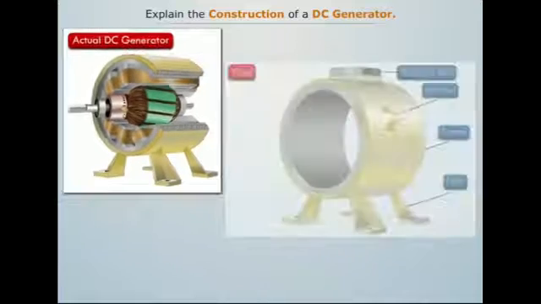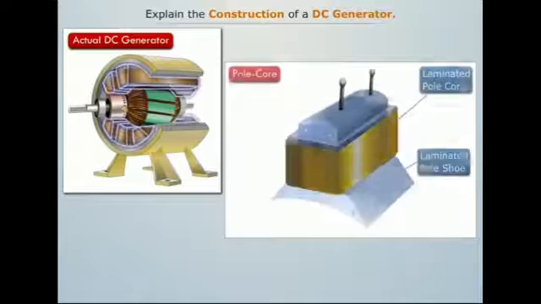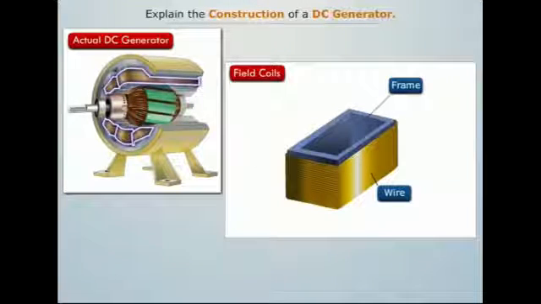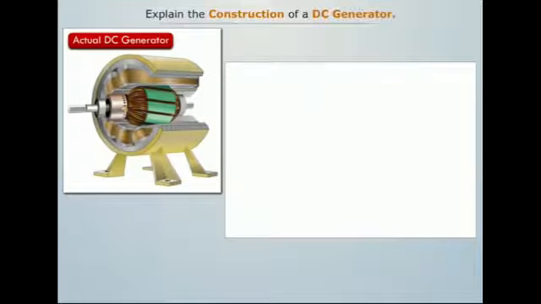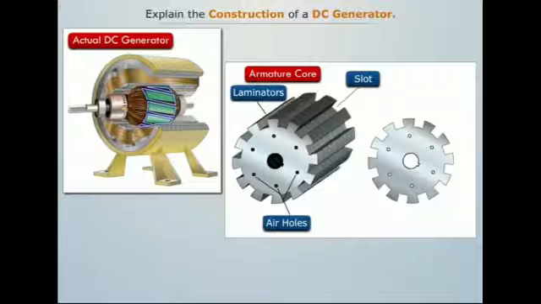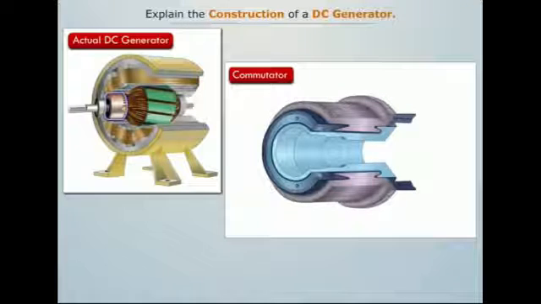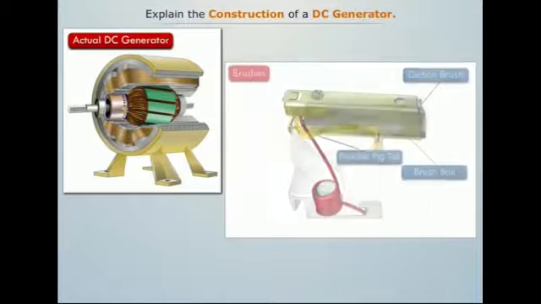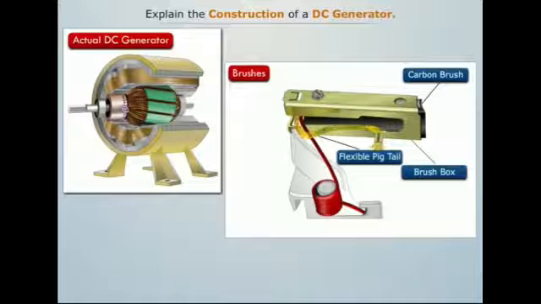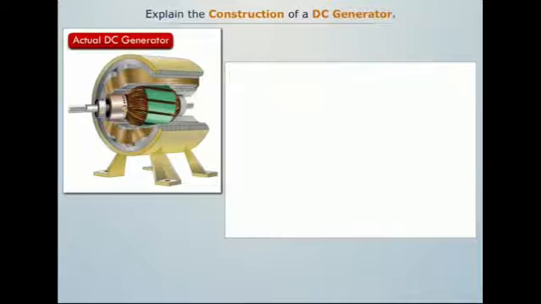The DC generator has the following parts: first yoke, field coil and pole shoe, armature core, armature winding, commutator, brushes, bearings, and the magnetic circuit.